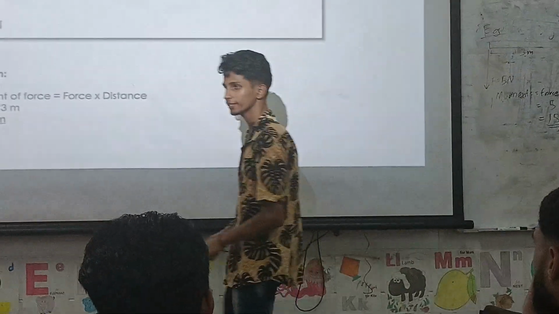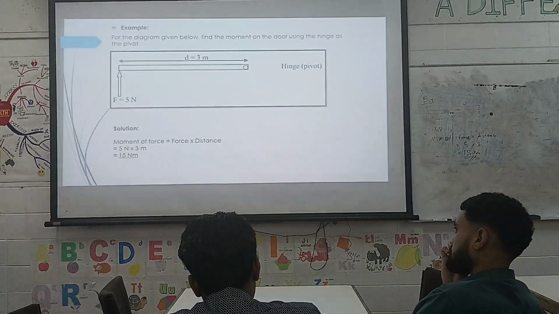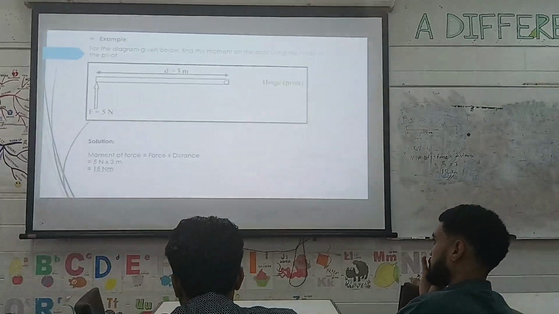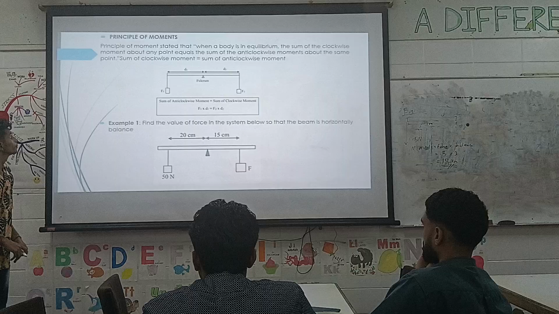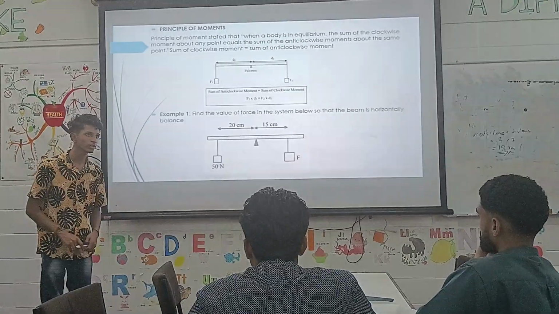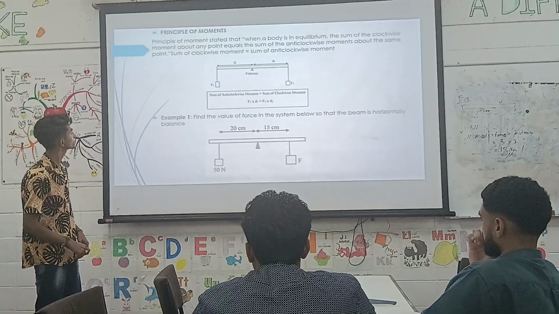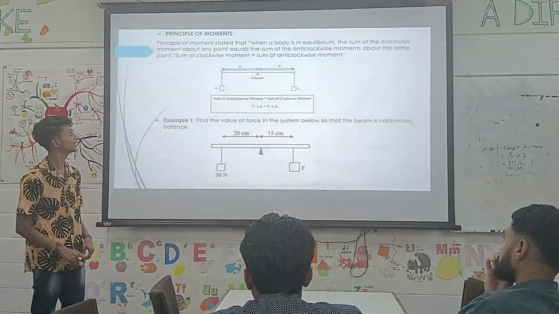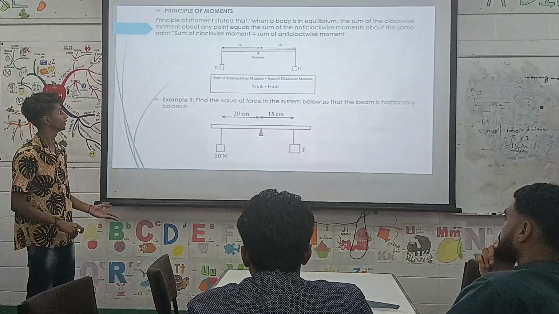Now we'll discuss more about moments. There's a topic on the principle of moments. So what is the principle of moments? The principle of moments states that when a body is in equilibrium, the sum of clockwise moments about any point equals the sum of anti-clockwise moments about the same point.